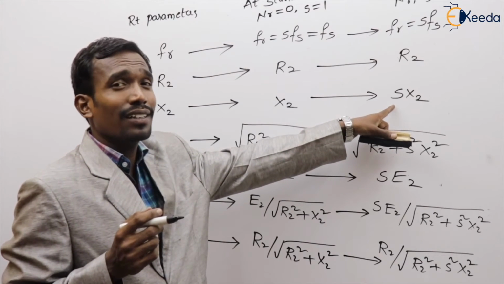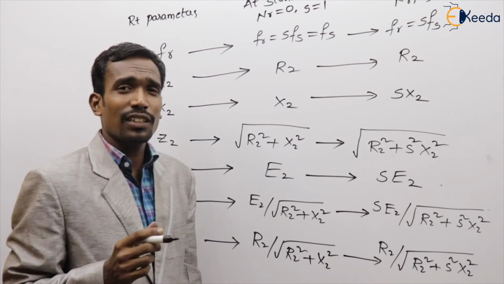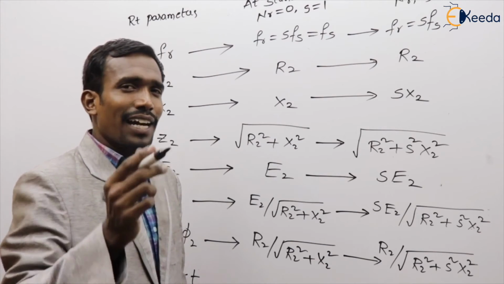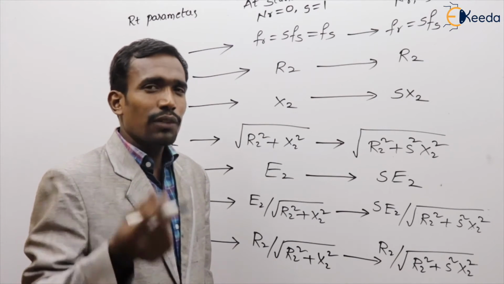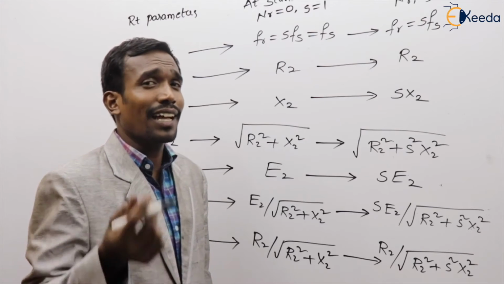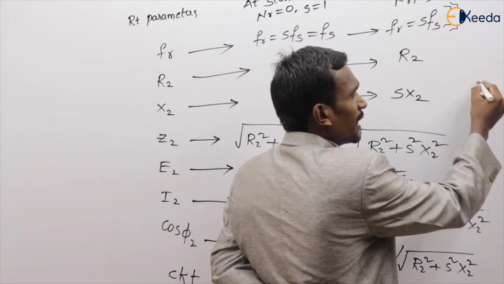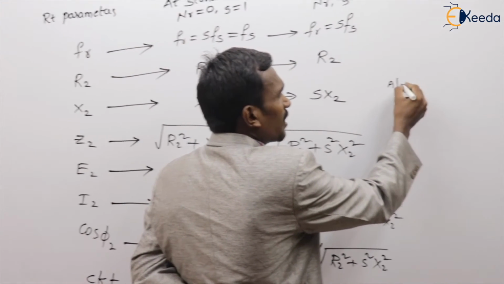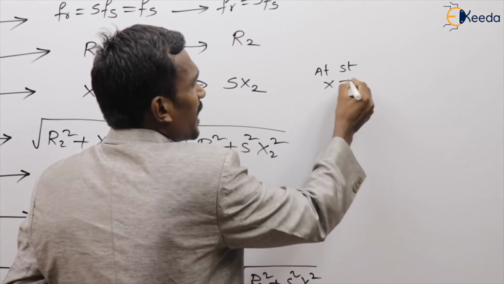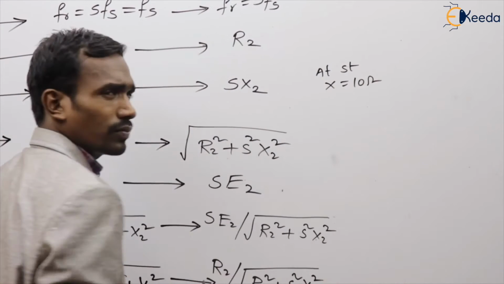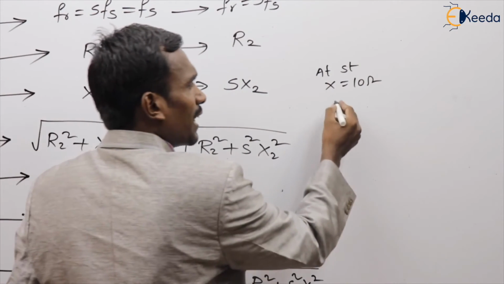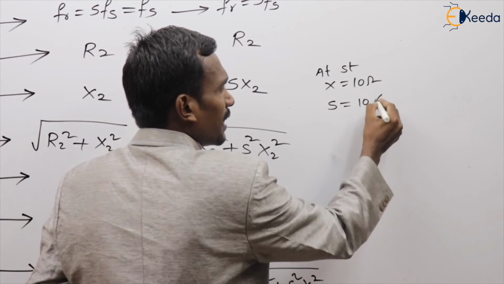They are giving at starting condition rotor reactance, and they are giving the slip value. Then find out reactance at running condition. Like that they are asking. For example, question asking like this. In your induction machine, at standstill, reactance 10 ohms. At running condition, my slip is 10%.